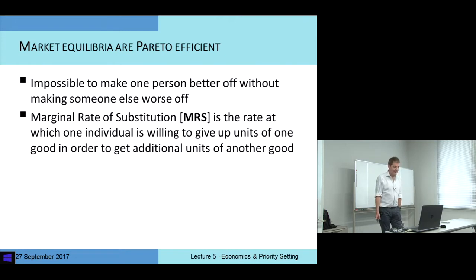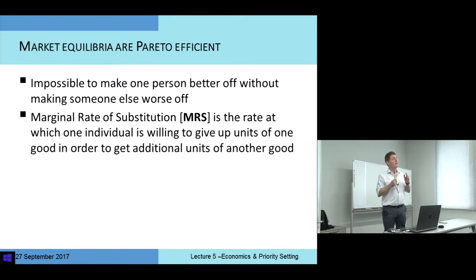Yes, I have to introduce another concept. Marginal rate of substitution, which gets abbreviated to MRS. This is the rate at which an individual is willing to give up one good in order to get units of another good. So imagine you've got two things that you value.